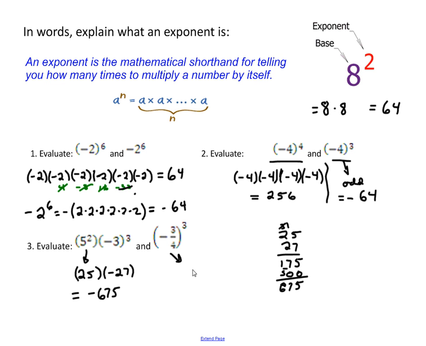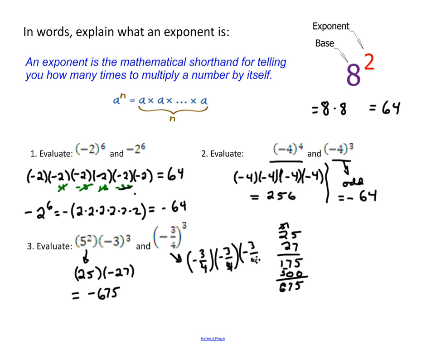Finally, let's take negative 3/4 to the third power. It's the same thing as saying negative 3 over 4 times itself 3 times. Negative 3 over 4 times negative 3 over 4 times negative 3 over 4.